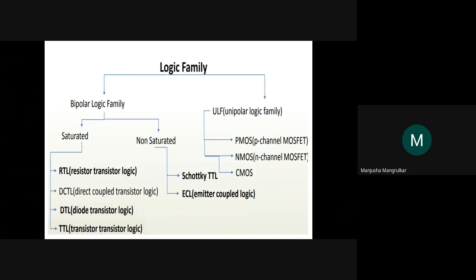Whatever the disadvantage of that, it is rectified in diode transistor logic, and the disadvantage of diode transistor logic is rectified in TTL. Most commonly we use TTL, ECL and CMOS, right? We'll see the unipolar logic family in the next lecture. Today we are going to see only the bipolar logic family, saturated and not saturated types.